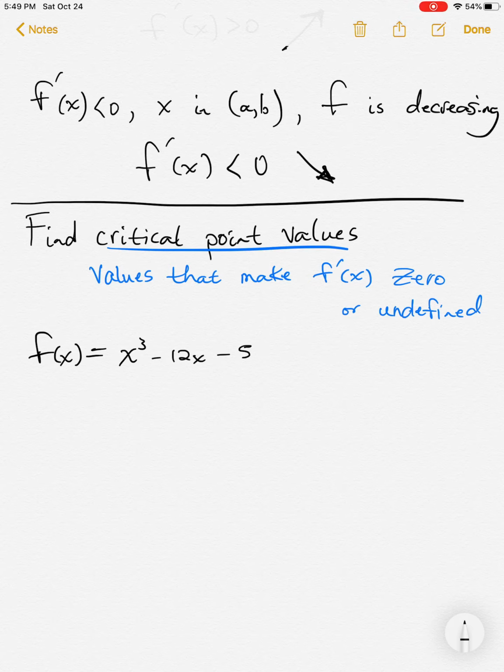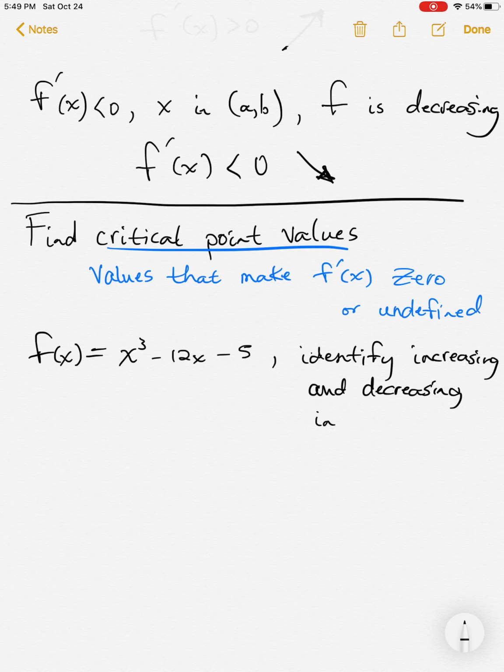All right, so in order to find out where the function is increasing and decreasing intervals.